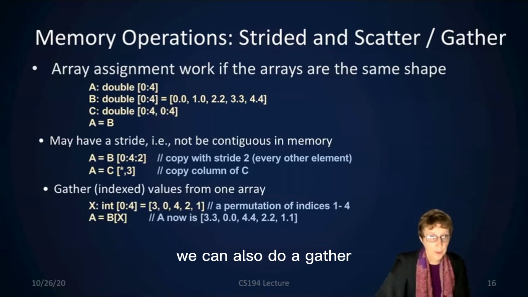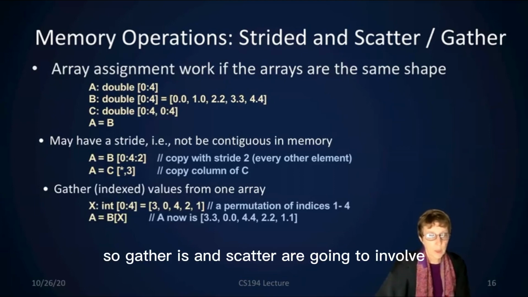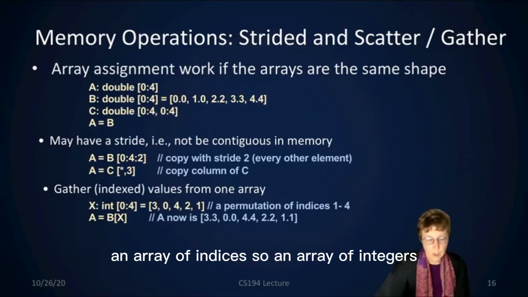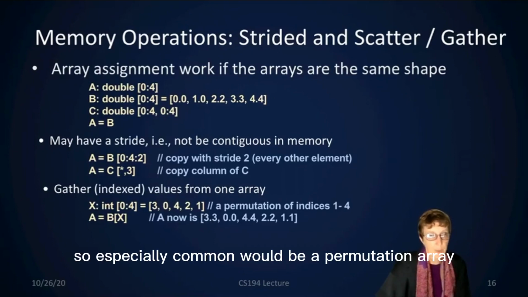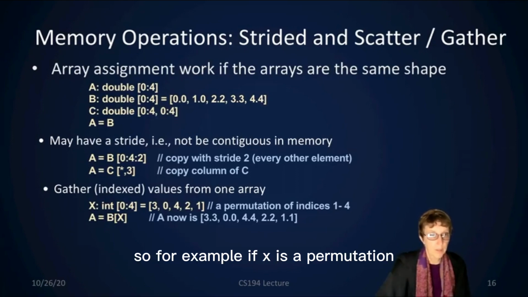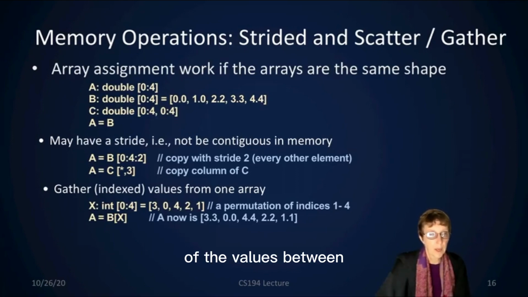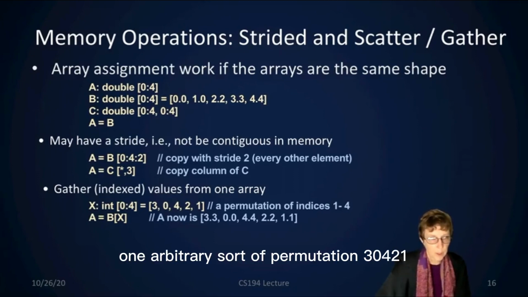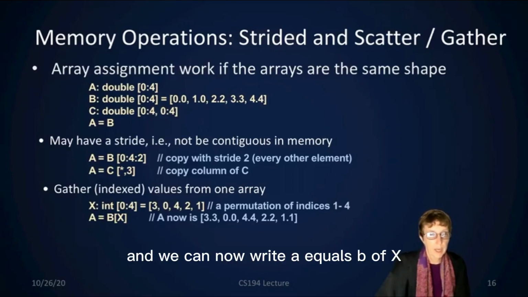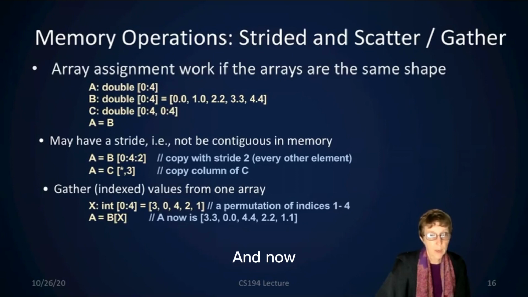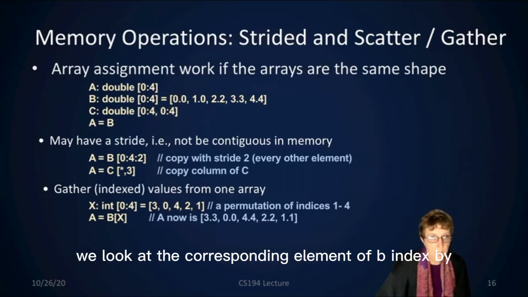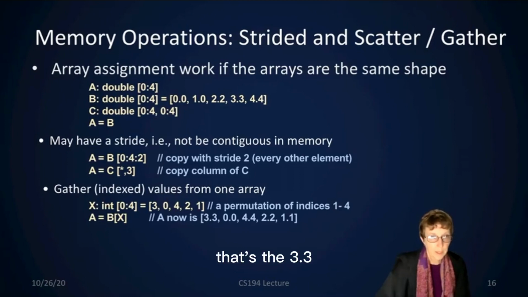We can also do a gather. Gather and scatter involve an array of indices, so an array of integers. Especially common would be a permutation array. For example, if X is a permutation of the values between 0 and 4, here's one arbitrary permutation, 3, 0, 4, 2, 1, we can now write A equals B of X. A is going to get the element of B indexed by, for example, the 3, that's the 3.3.